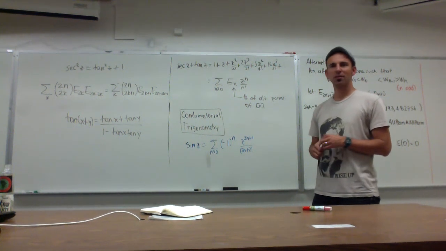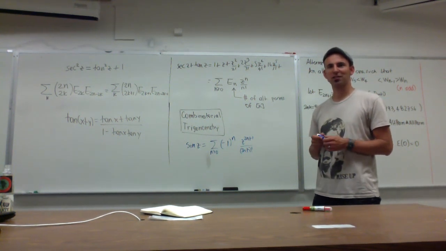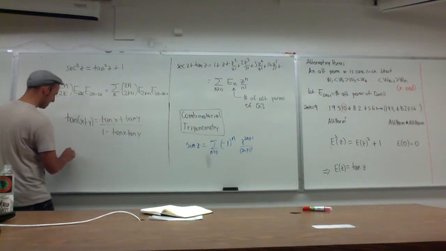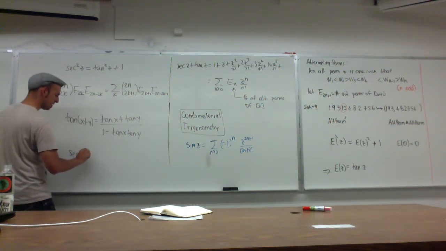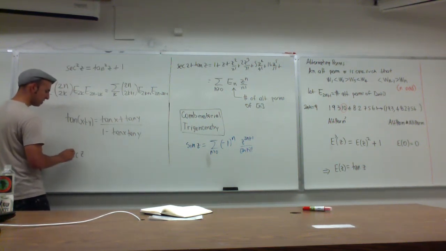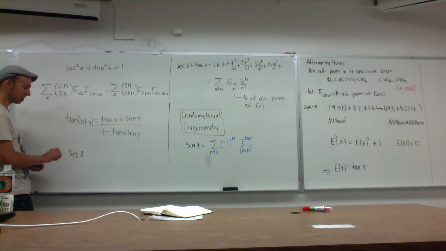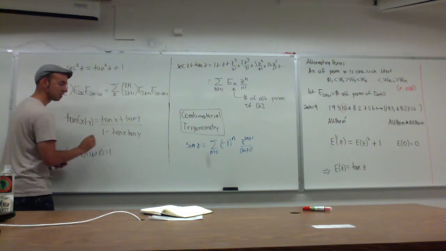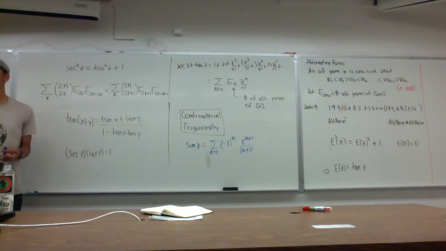But it is true, secant is 1 over cosine. Right? Okay, so then that means that secant of z times cosine of z is 1. And this is a combinatorial identity of alternating permutations.